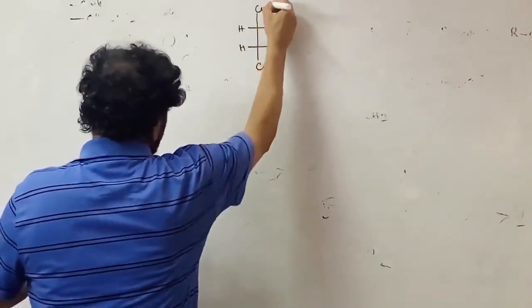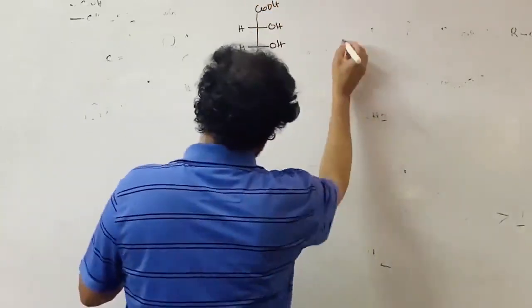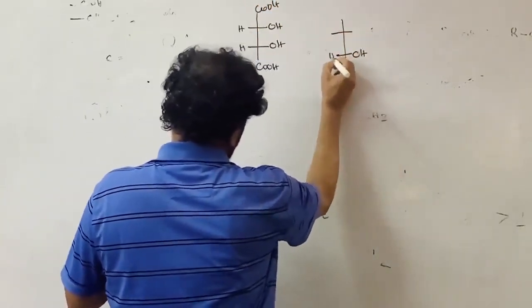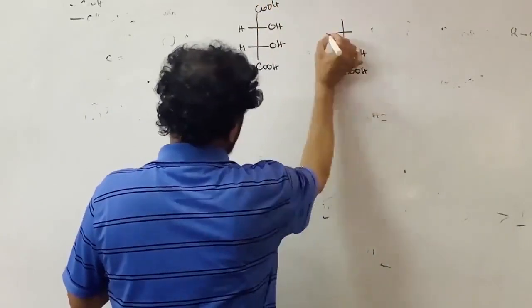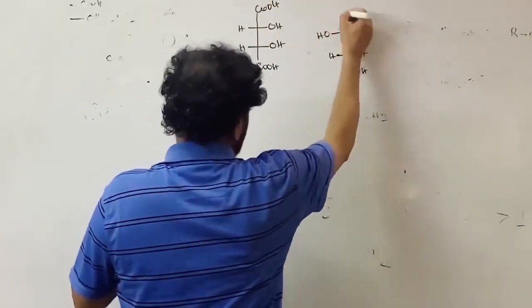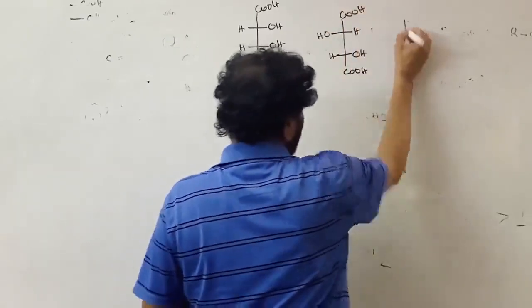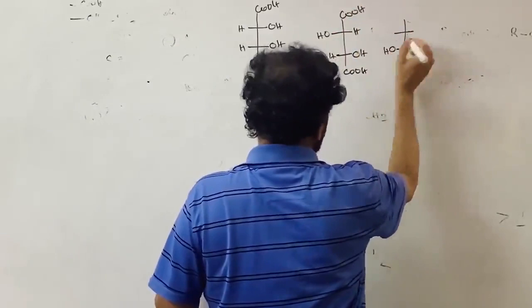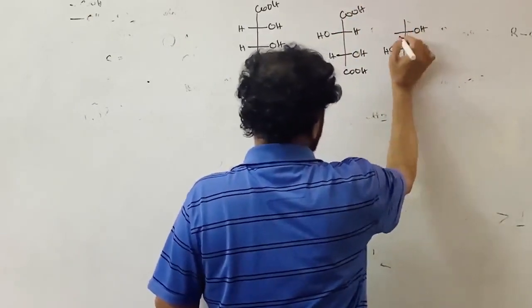So there are 3 tartaric acids stereochemically. This is structurally the same but stereochemically different. This is the compound with 2 dissimilar asymmetric centers.